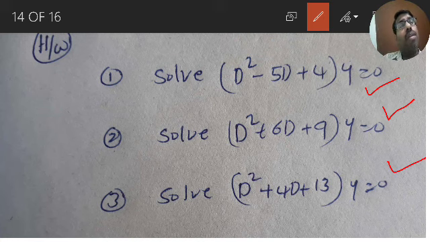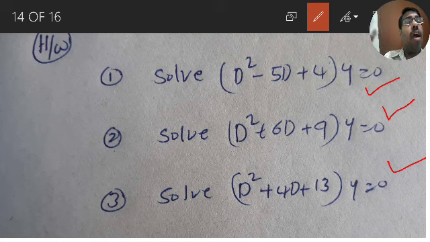So all the three methods are in the homework also. First problem on real and distinct roots, second problem real and equal roots, and the third problem on complex roots. Very easy guys, you just remember those three formulas for real and distinct, real and equal and complex roots, how to write the general solution, then you can easily do it.